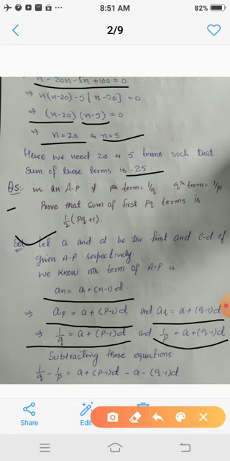Now subtracting these two equations, we get 1 by q minus 1 by p equals a plus (p minus 1) into d minus (a plus (q minus 1) into d).